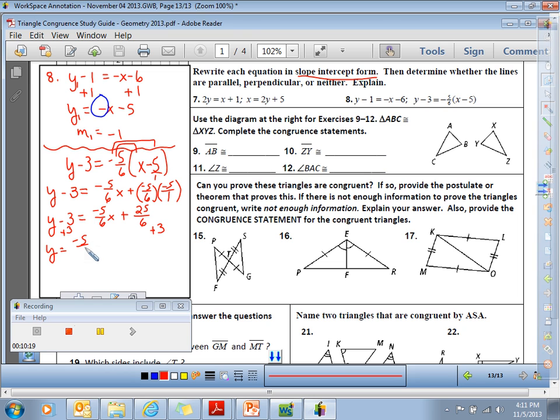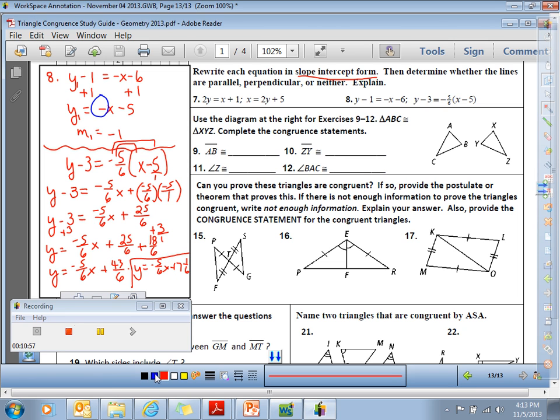So y is equal to negative 5/6 x plus 25 over 6, and we have a common denominator. 1 goes into 6. 6 times 3 is 18. And 25 plus 18 is 43 over 6, which would be 7 and 1/6.